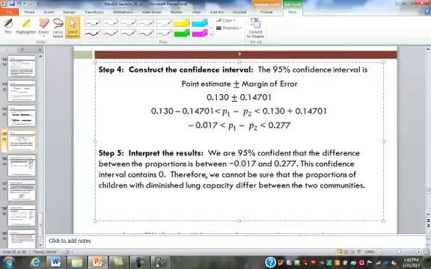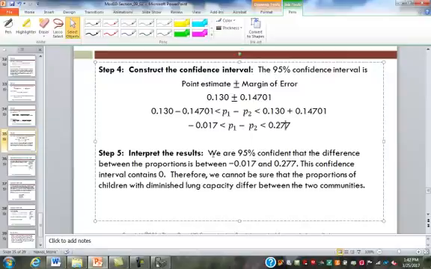Now again, this went from negative to positive, which means 0 is in that range, which is saying if this were a hypothesis test, we're leaving the door open that it's possible that the difference is 0. So we would have to say there is not enough evidence to conclude that there is a difference, or to reject the idea that there is no difference would be the proper way of saying that.